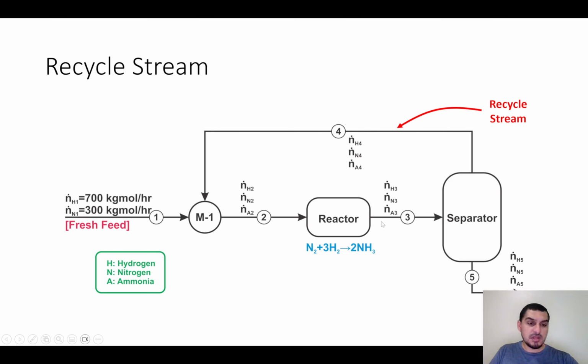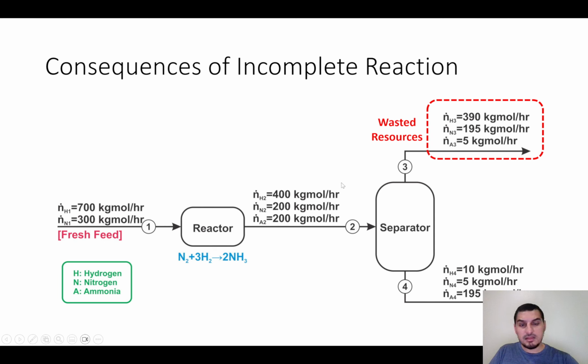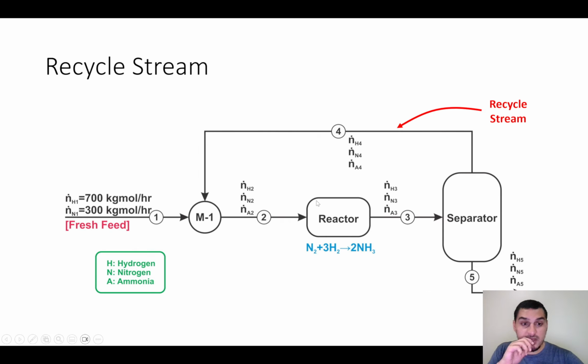So in the previous case, when we looked at the flow sheet, we had almost 60% of the hydrogen and nitrogen that were not converted, with the conversion at 33%. But now with the recycle stream, if you look at the whole process, we just consider what's going in and what's going out of the process, you'd see that the conversion can be more than 90%, which is a very big improvement in the conversion.